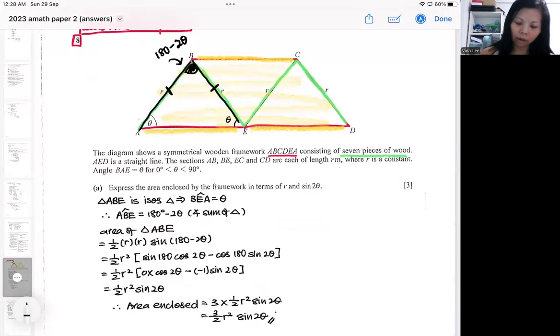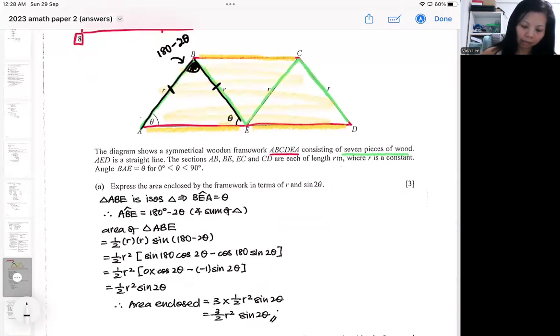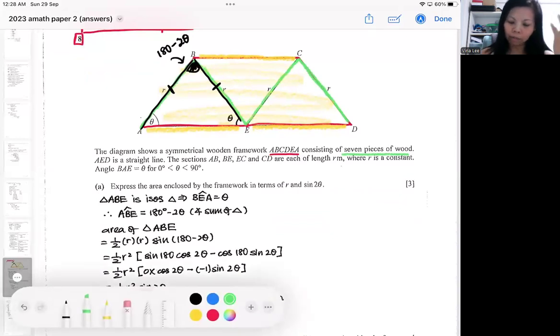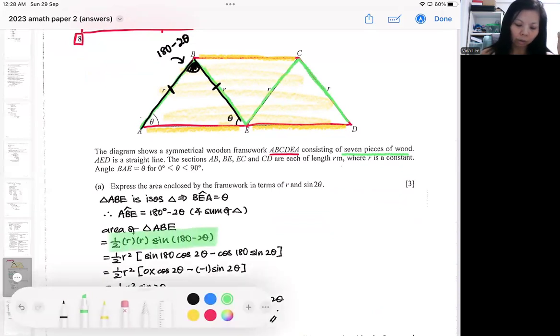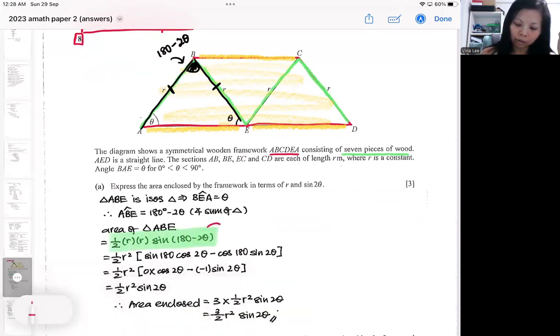After you apply the half AB sine C, if you are thinking, then how am I going to get the sine 2 theta? After you apply the half AB sine C, you apply the addition formula. Sorry, half AB sine C, not half ABC.